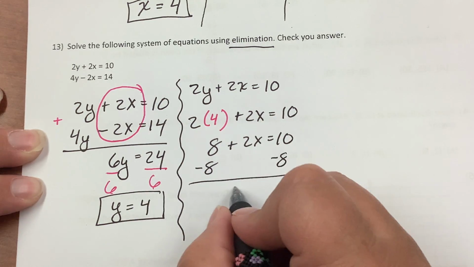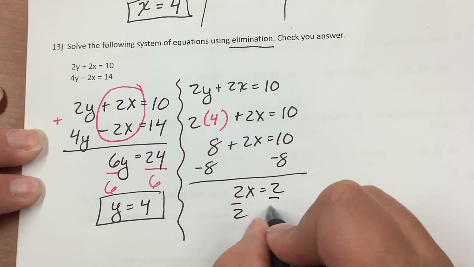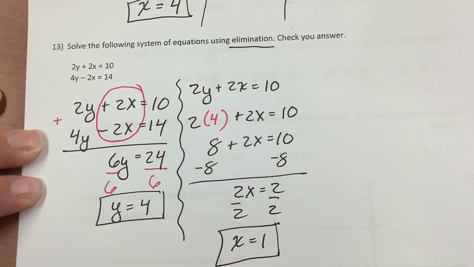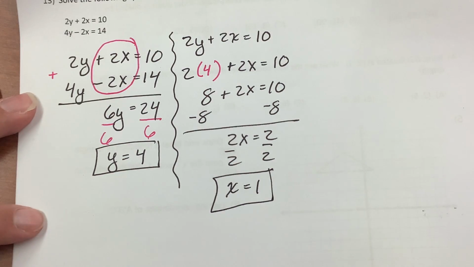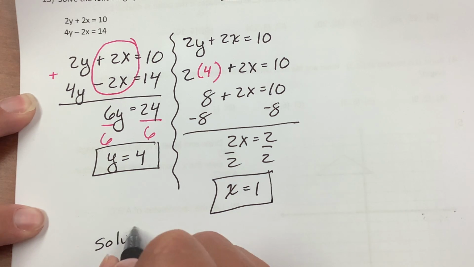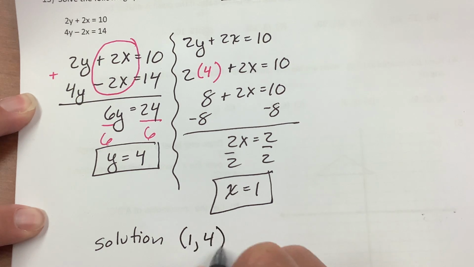You get 2x equals 2. Divide by 2, and x equals 1. So now I have my solution. The solution to this system is 1, 4. Make sure you put them in the right order.